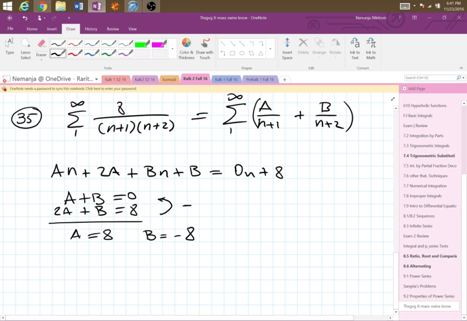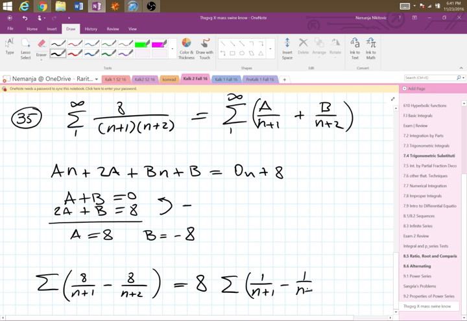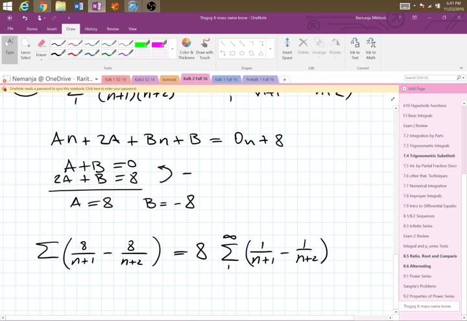And now we are going to write the series as 8 over n plus 1 minus 8 over n plus 2, and we are going to kick the 8 outside because we can: 1 over n plus 1 minus 1 over n plus 2. And this is the part where they are 1 apart.